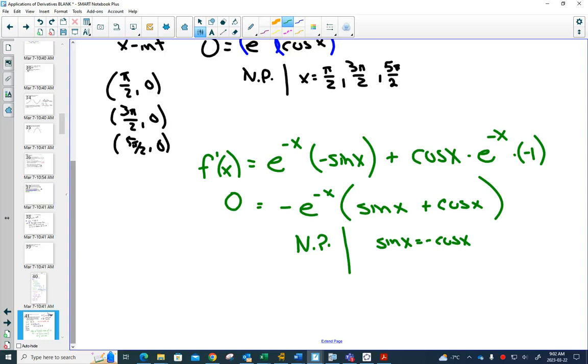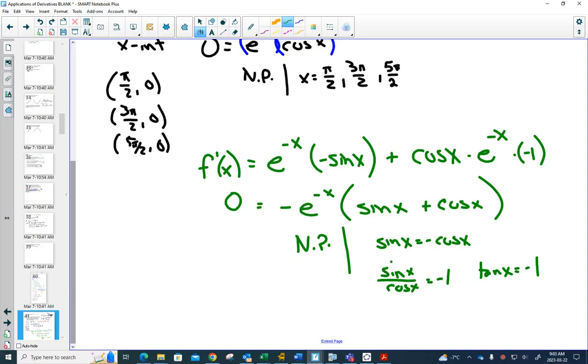So those two. The other thing you can do with this, which a lot of students like, is if you divide both sides by cos, you get sine x over cos x equals -1, which is the same as saying tan x equals -1, which would give you the same pi over 4 family in quadrant 2 and quadrant 4.